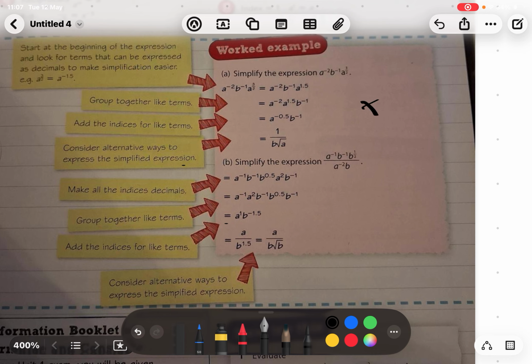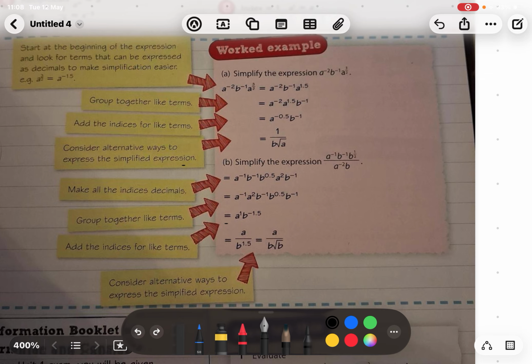If something is negative, then it will equal a fraction, and to make the power positive, when you move it, it goes positive. Now they grouped the like terms and added them.